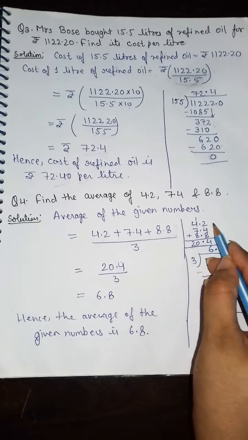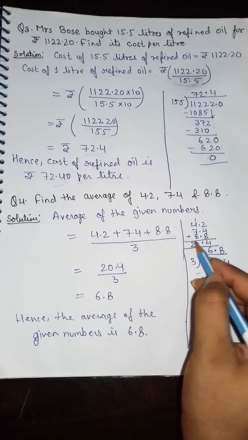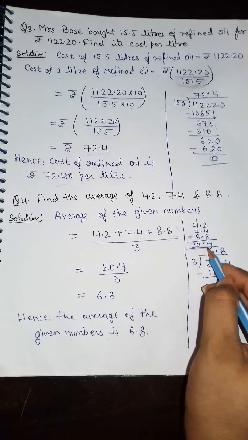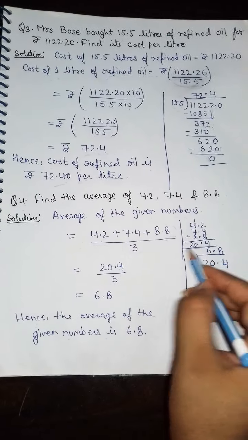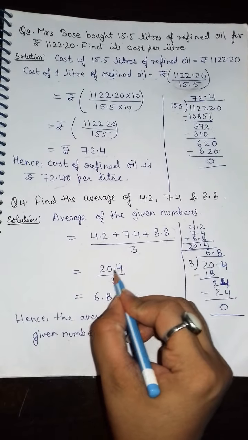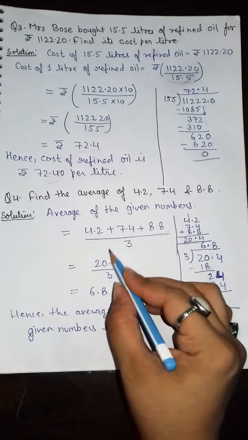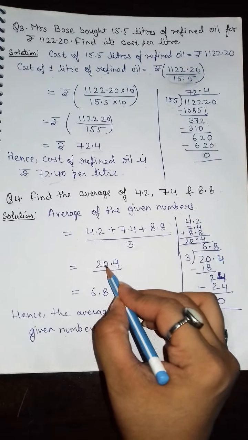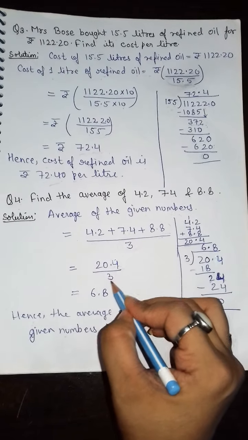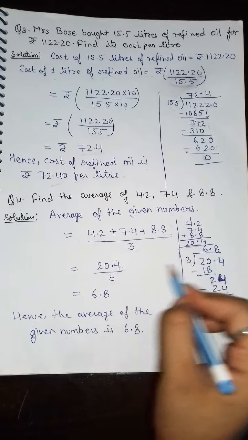Now add 4.2, 7.4 and 8.8 and the answer is 20.4. So 20.4 upon 3. The sum of the given numbers is 20.4 and the total number is 3.